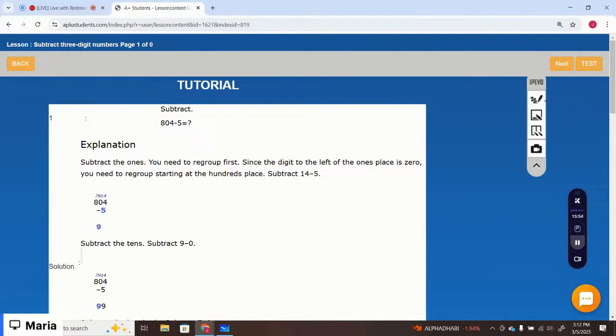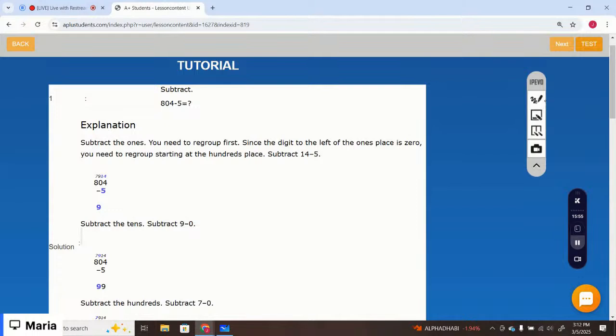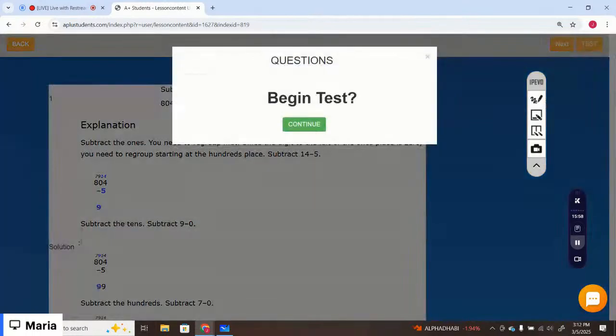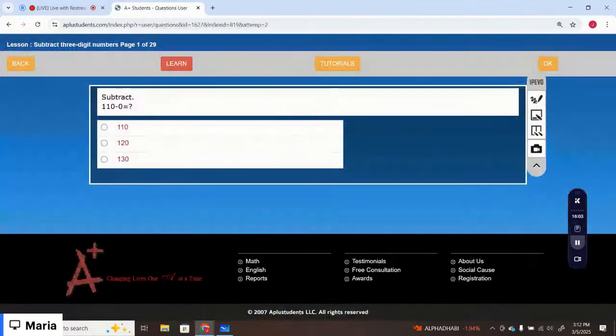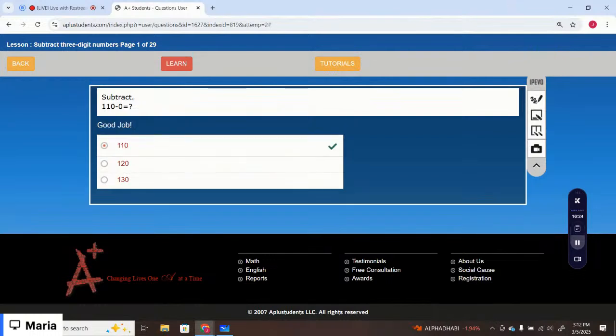So I'm going to start with the test questions. 110 minus 0. Subtracting zero means the number stays the same, whatever number it is. That is 110. Option number 1 is the correct option.